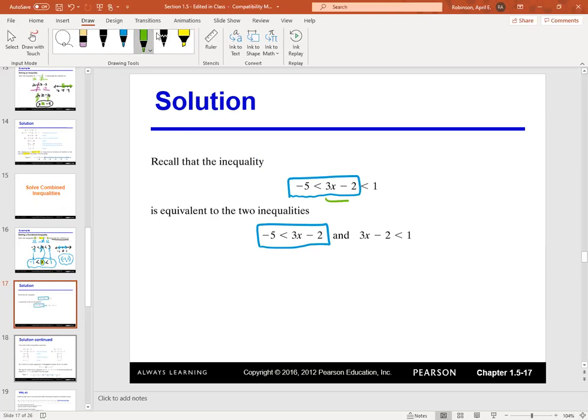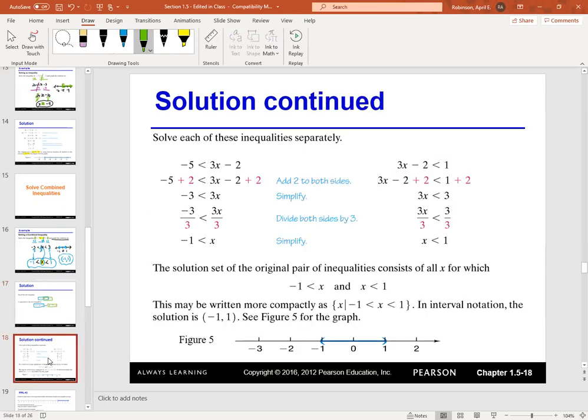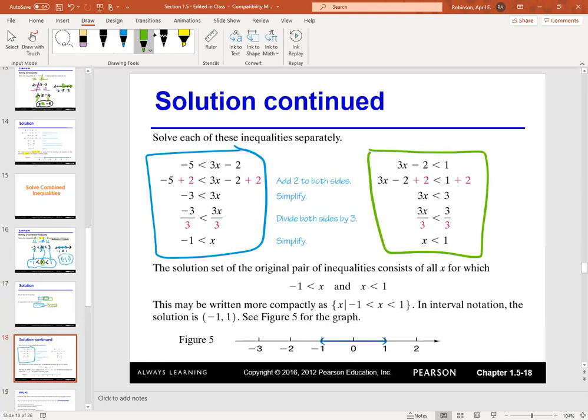And then they did this side here and wrote it as a separate equation. Okay, I mean, it works. And then they solved both of them separately. So this one is the blue one, they did all that work. And then this one is the green one, they did all that work. And then they had to put the two back together again here.